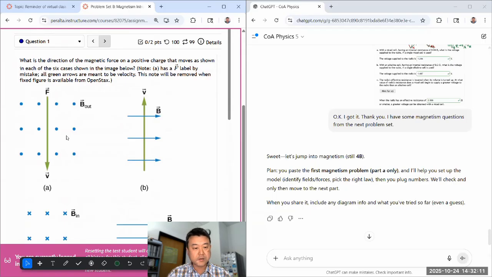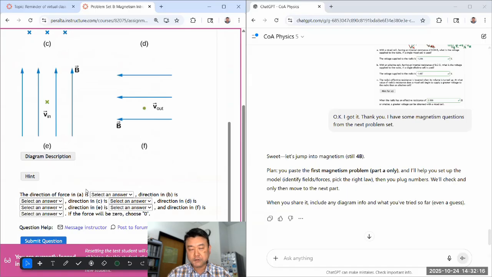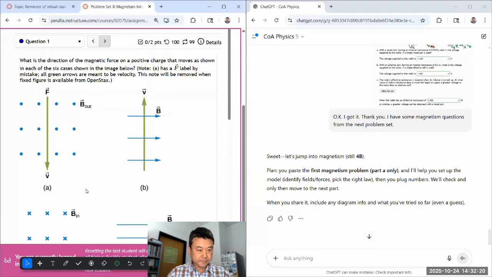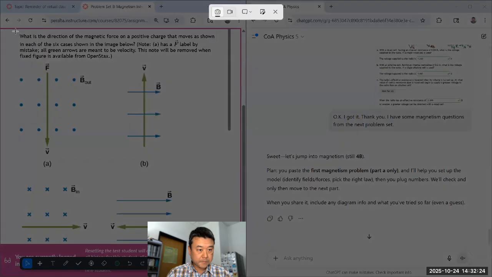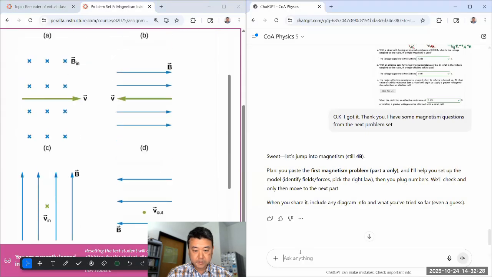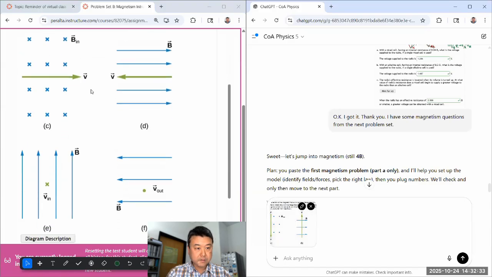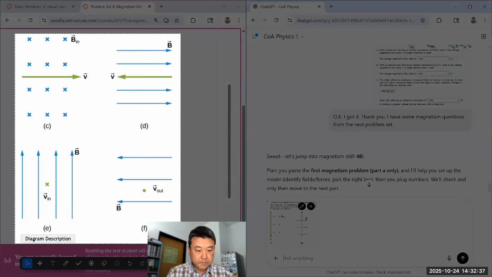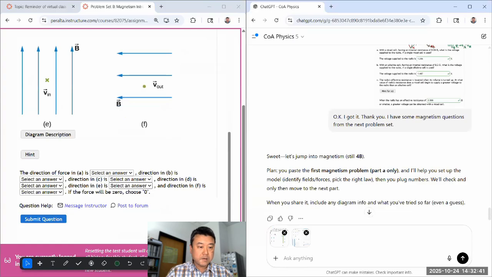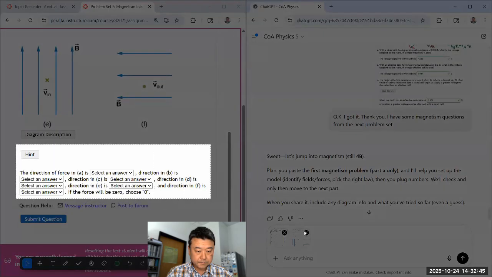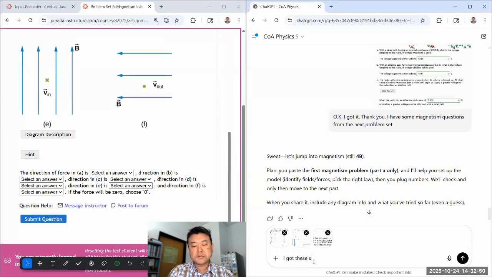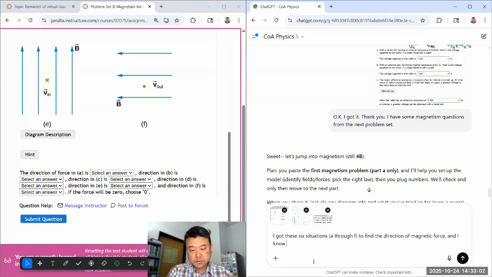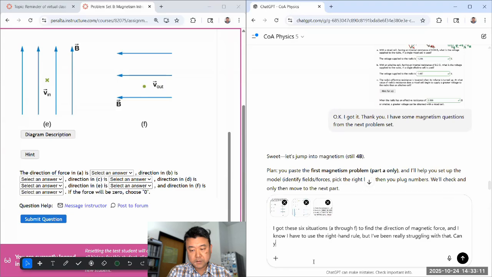So I'm gonna ask this question, and I'll say, I got these 6 situations, A through F, to find the direction of magnetic force, and I know I have to use the right-hand rule, but I've been really struggling with that. Can you help? I'll just paste these in one at a time.